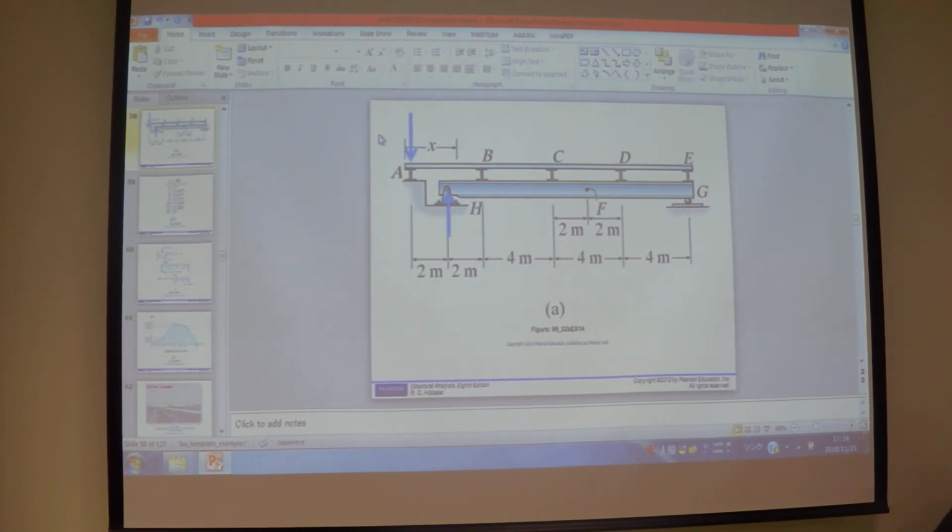Now put the load at point B. The load is moved from this point to here, and this load is 1.